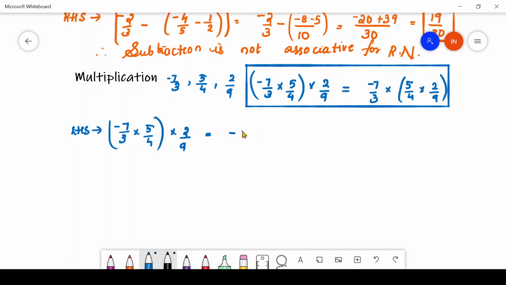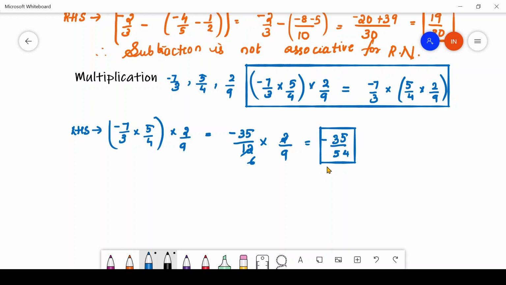The numerator inside the bracket will be negative 35 and denominator will be 12. That is multiplied with 2 by 9. And you will get the final answer as negative 35 by 54, as we cancel these two and we get 6 here. So the answer you got is negative 35 by 54.